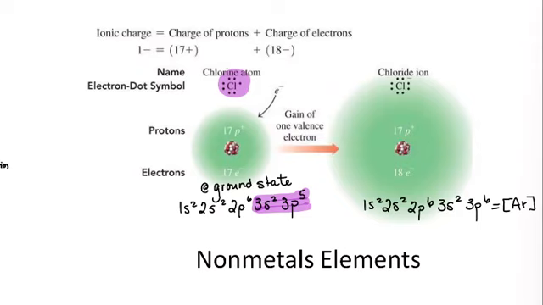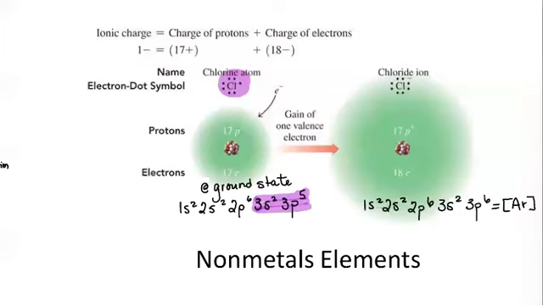In the case of chlorine, it can have 2 choices to achieve the electron configuration of a noble gas. It can lose 7 electrons, or it can gain 1 electron.